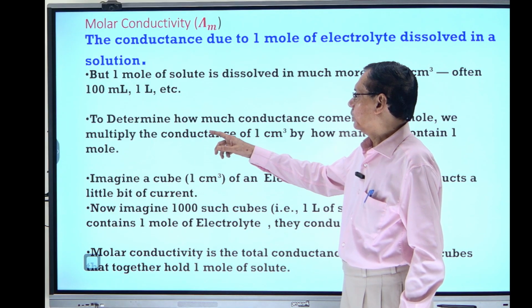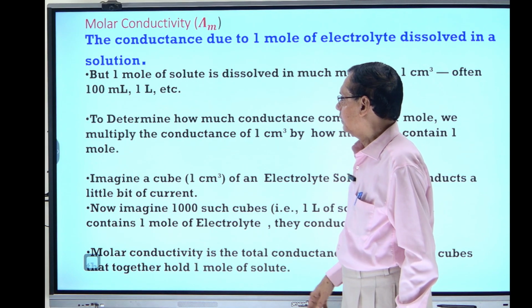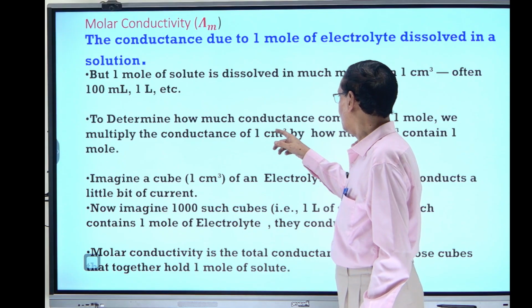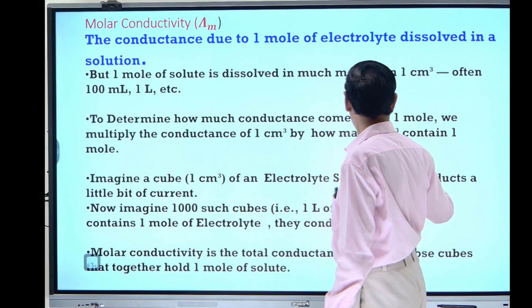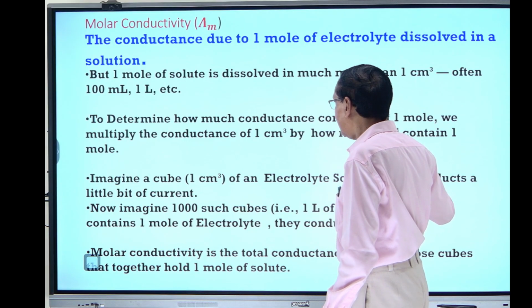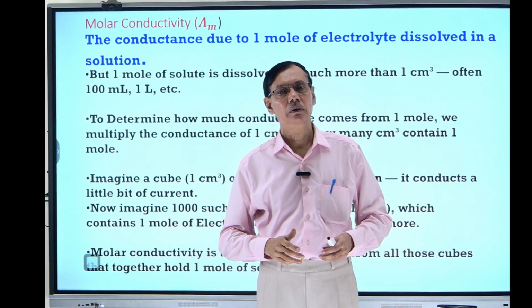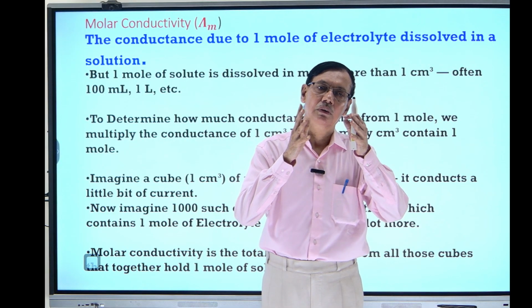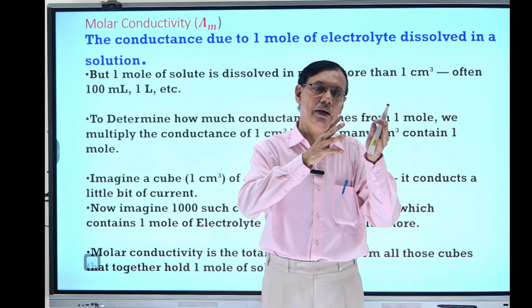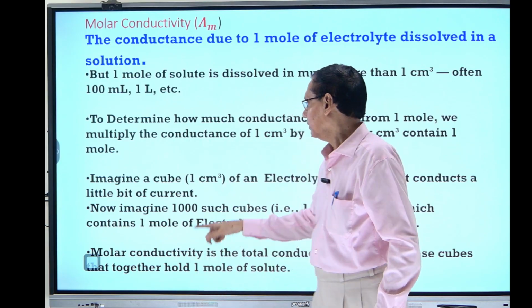So to determine how much conductance comes from 1 mole, we multiply the conductance of 1 centimeter cube by how many cubes contain 1 mole. It can be 1000 cubes, 9 cubes, or 10 cubes. Therefore we multiply the specific conductance and capital V, and that is what we are showing.